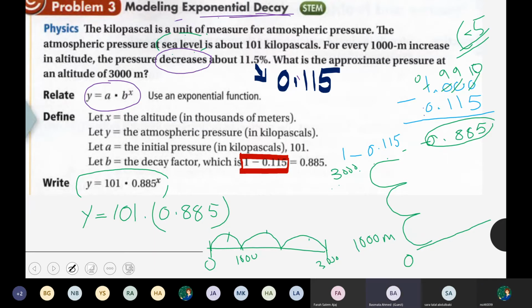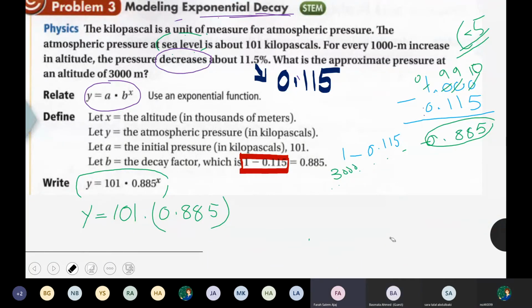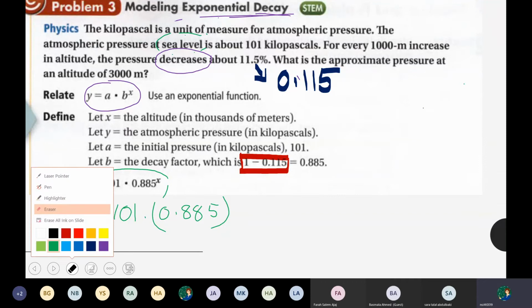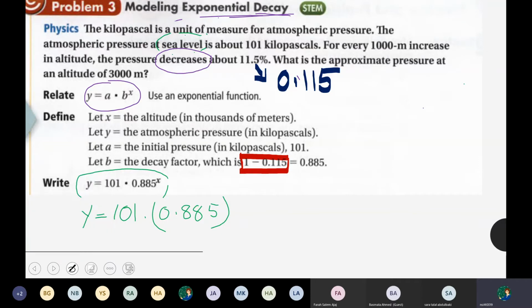Miss, I didn't understand this 3,000. And they say at the sea level. They mean not from the sea, 1,000? No, sea level. In science, sea level means at 0 meters.